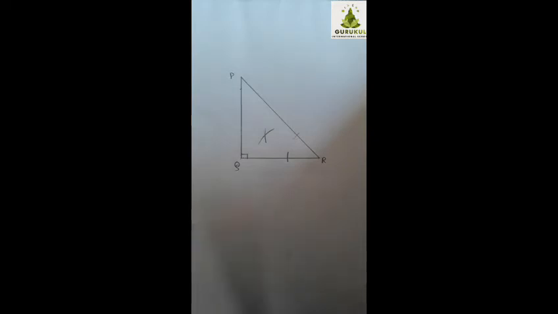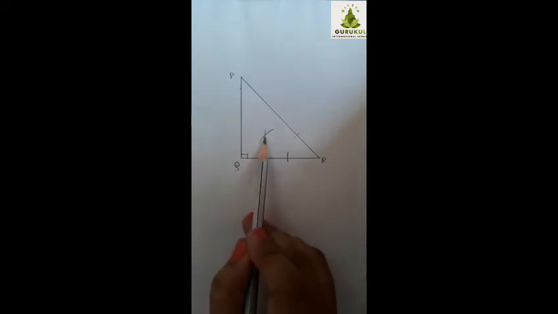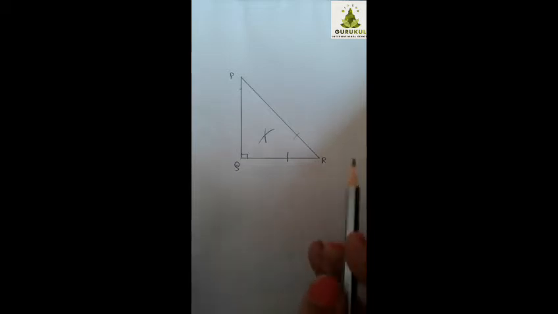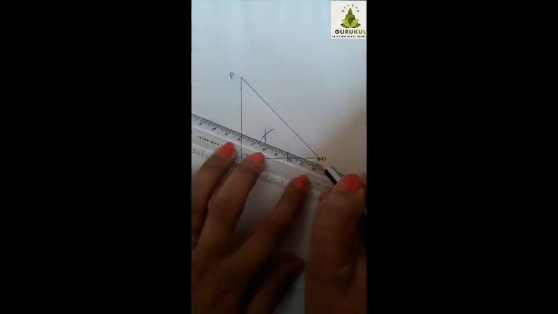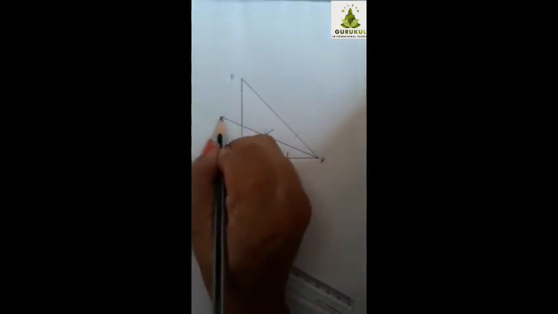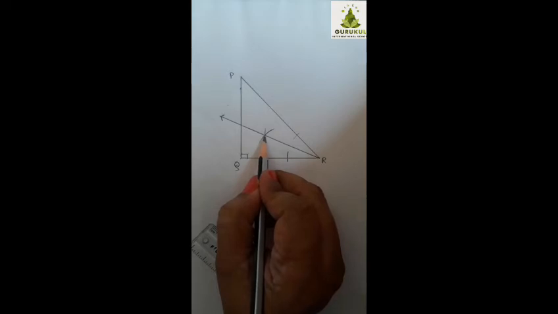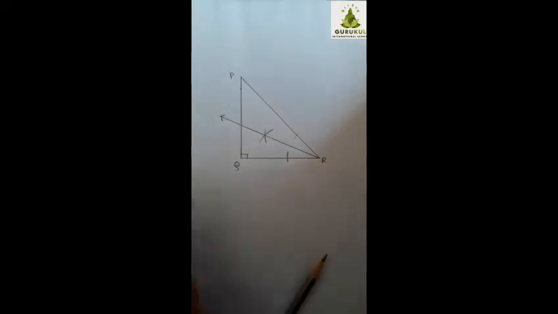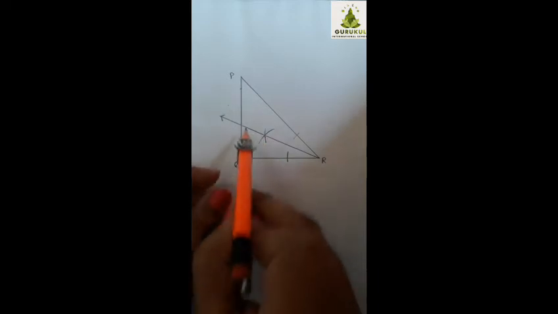Take a scale and pencil and join this intersecting point and angle arc. Here you have to be accurate while drawing angle bisector. It should exactly pass through this intersection point. We will draw for angle Q.